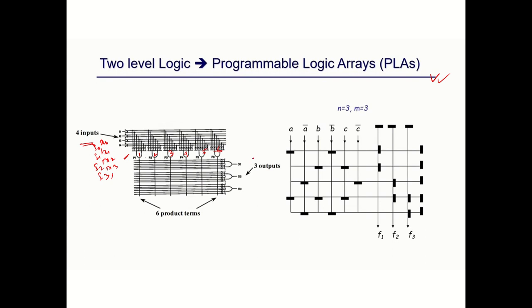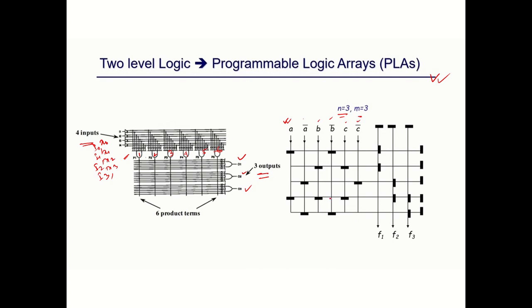So exactly three functions, or three outputs, are taken from this two-level structure: output 1, output 2, output 3. This is a very simple programmable logic array based design. Here we have three inputs and three outputs, with the inputs being A, B, C and their complements A bar, B bar, C bar.